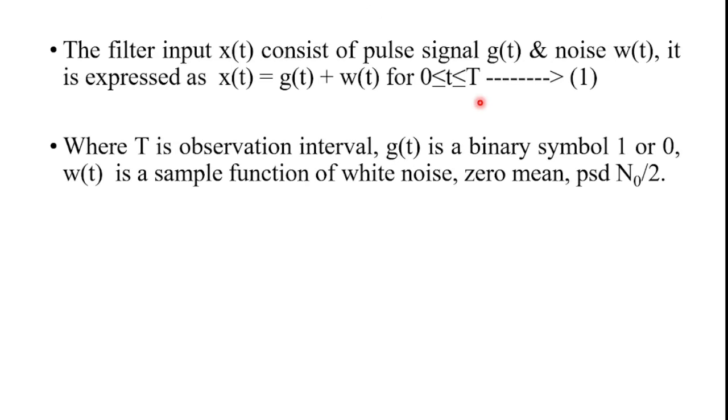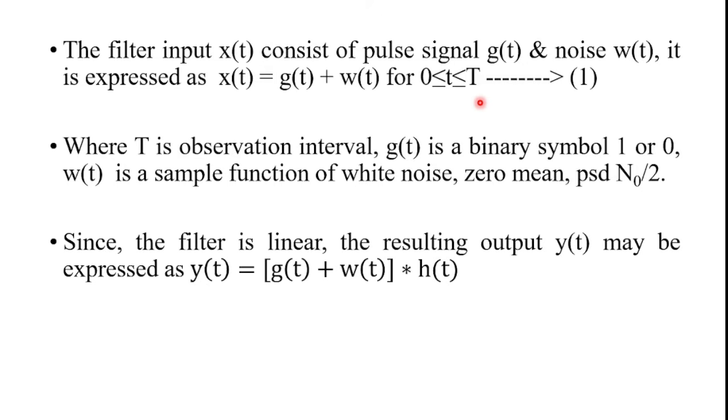The w of t is a sample function of a white noise process of 0 mean and power spectral density N0 by 2. It is assumed that the receiver has knowledge of the waveform of the pulse signal g of t. The source of uncertainty lies in the noise w of t.